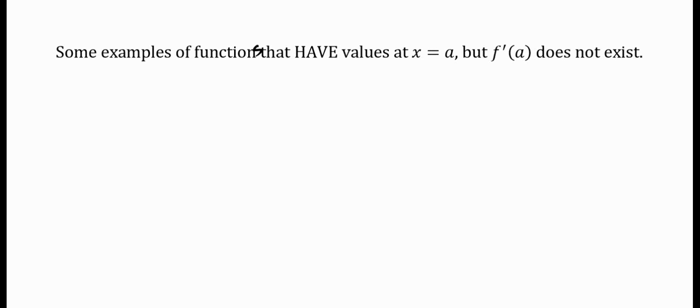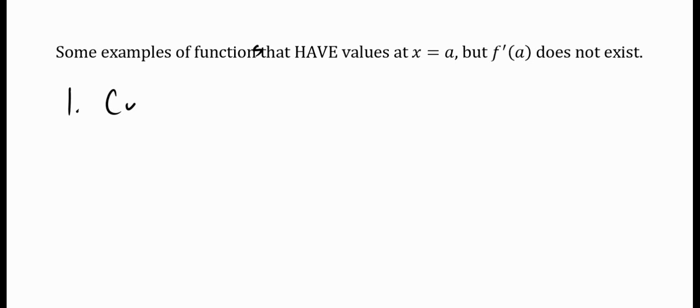So the slope of the tangent doesn't exist, or however you think about it, f prime does not exist. This is important because if a function doesn't exist, then obviously its derivative will not exist at those points. But here are places where the function does exist, but the derivative does not.